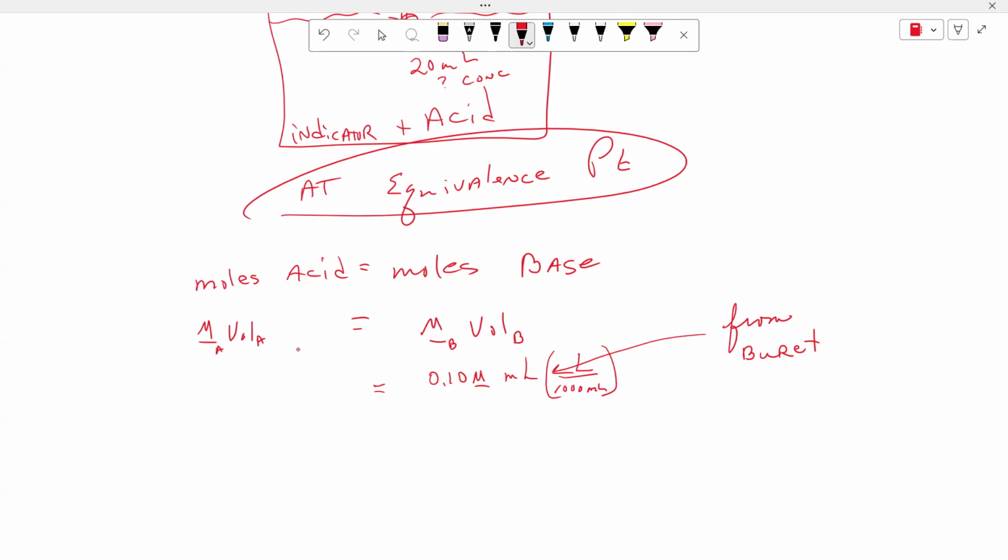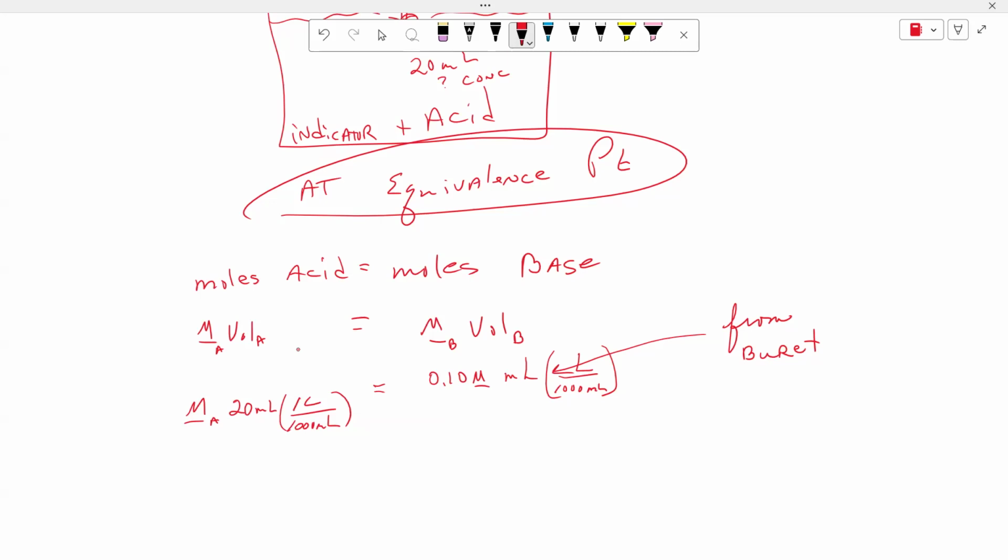Okay, and again, the idea is to calculate the concentration of the acid. So we don't know M sub A. We do know the volume, 20 milliliters, converted to liters.